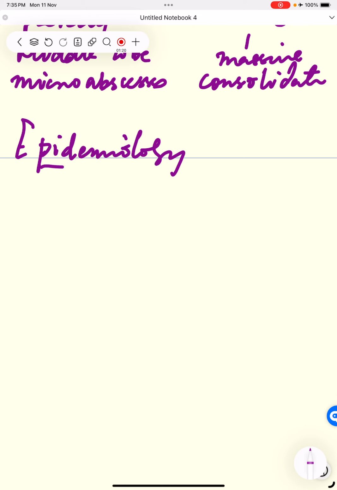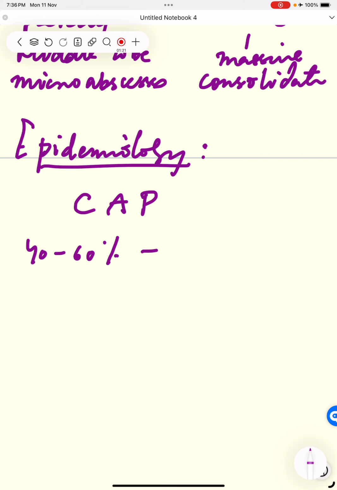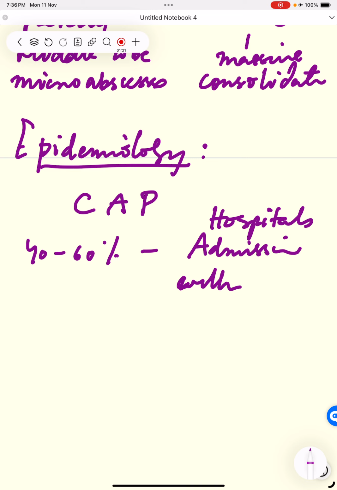Right, let's go to the epidemiology. There is something called as community acquired pneumonia. What is it? In about 40 to 60% of patients who are admitted to a hospital, so hospital admissions, in those cases about 40 to 60% of the patients, that is a large number of patients, within 48 hours they may get community acquired pneumonia.